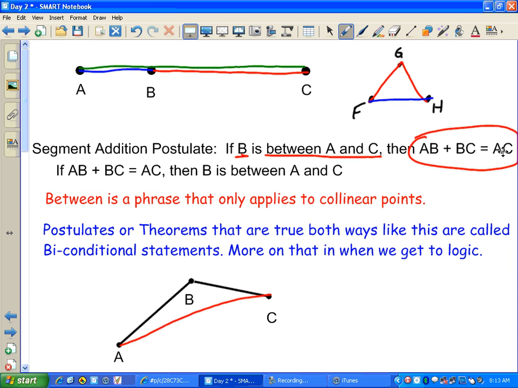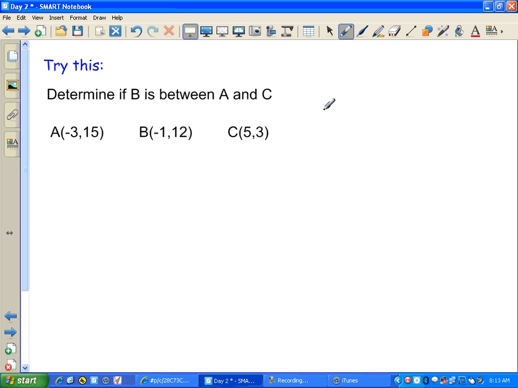okay, if I can show that AB plus BC equals AC, so I'm rewriting it this way. If I can show this, then that's going to mean that this statement is true. So if I can find the length of AB, add it to BC, and have it be the exact same as the length of AC, that's going to tell me that B is in between A and C. In between meaning collinear with A and C. In order to do this, we're going to use our distance formula.